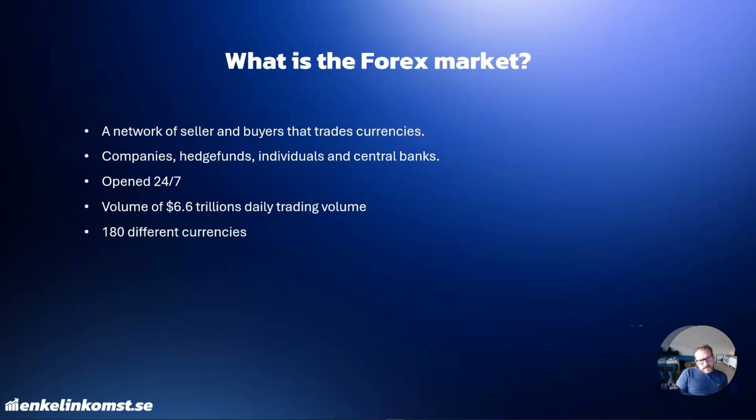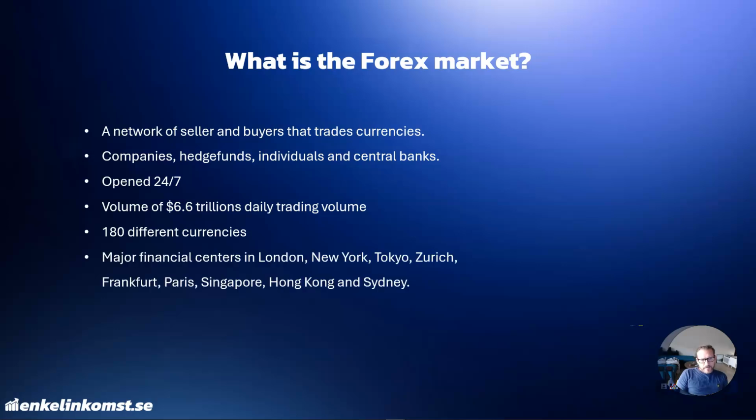You can trade like 180 different currencies on the Forex market. The major financial centers are in London, in New York, Tokyo, Zurich, Frankfurt, Paris, Singapore, Hong Kong and Sydney. But when you look at the Forex market, you have like 3 big times during the 24 hours when it trades.